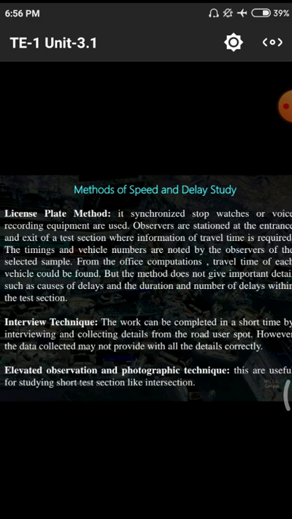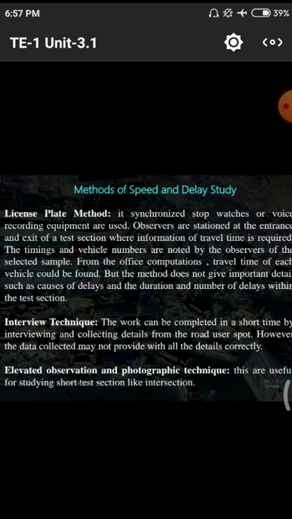The timings of the vehicle numbers are noted by an observer for selected samples, and computations are done in the office. Travel time of each vehicle can be found, but the method does not give important details such as the cause of delay and duration of the delays within the test section.